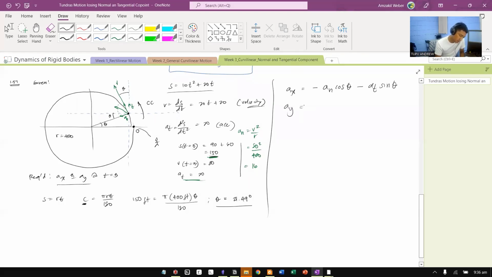What about AY? AT is positive, while AN is negative, since it points downward. So for AN, that is negative, but it should be sine. And for AT, that is positive, but the angle should be cosine.